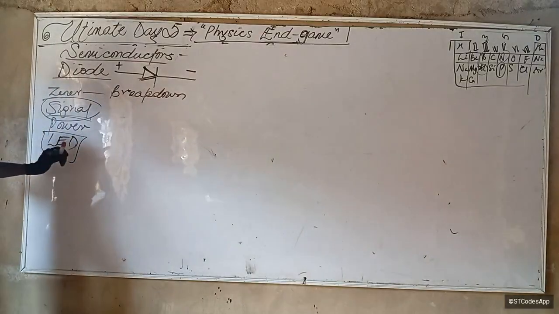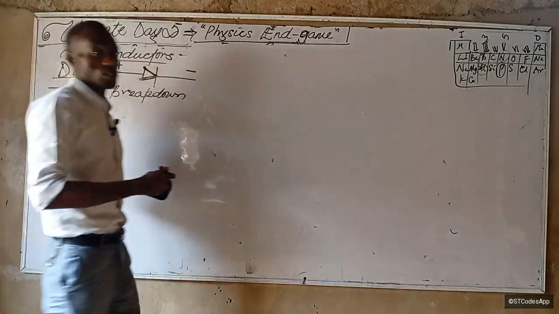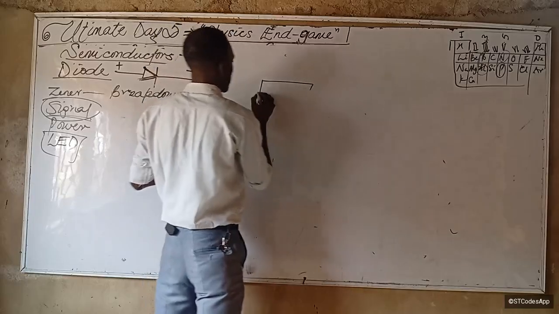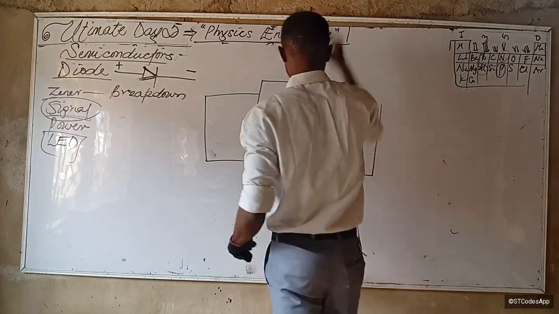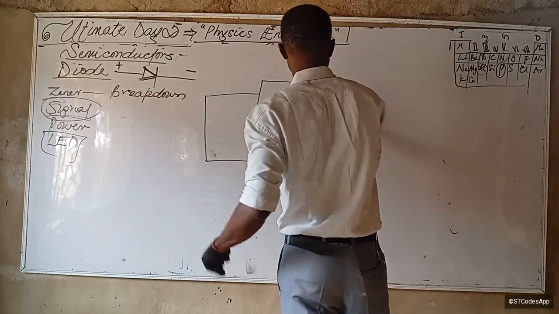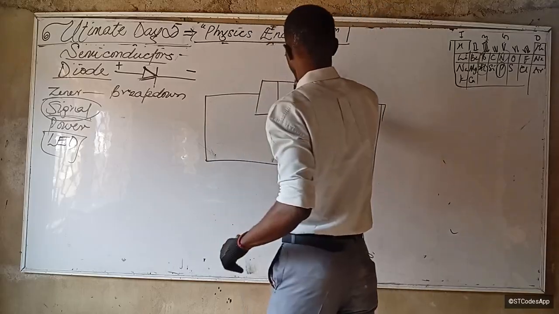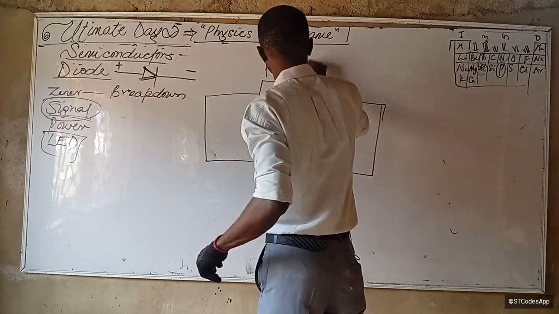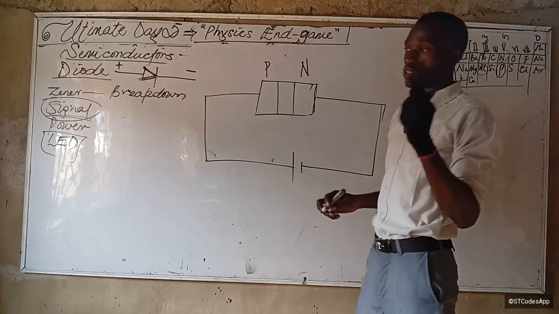Now, one of the functions of a diode is that it helps. Okay, first, let me show you how the condition is. So we have the P type here and we have the N type here. Listen to this condition.